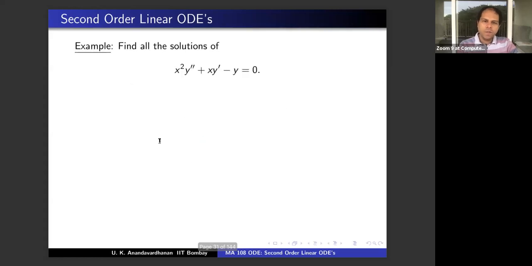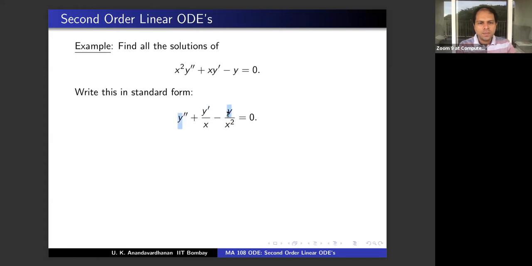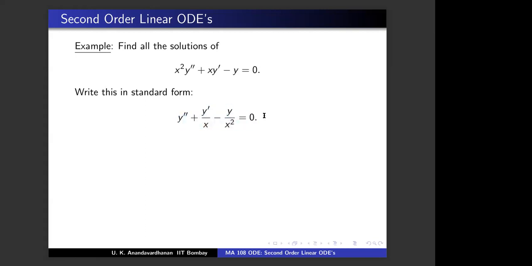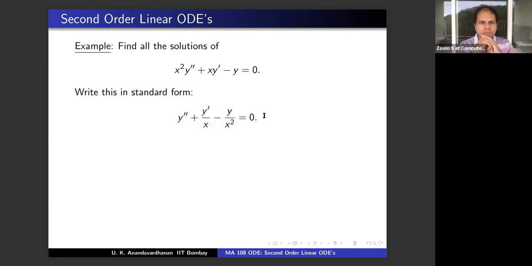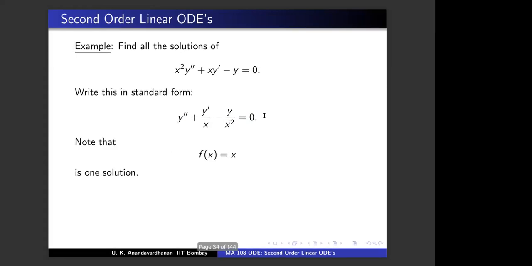Anyway, you have many proofs. Let's do one simple example, and then on the next slide I will say that this example is actually a little bit of theory. In this case, write this in standard form, assuming x is positive. And then how do you try this? How did you do this in the tutorial? We assume a solution x to the power m.